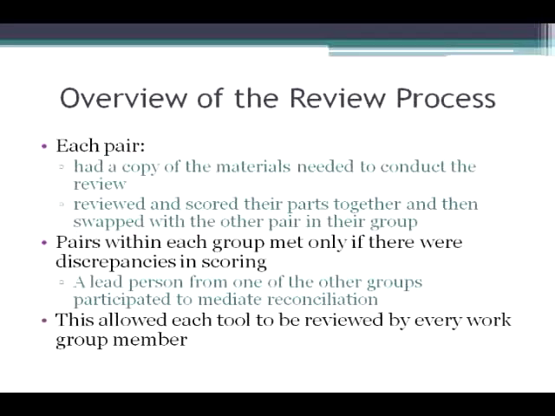But if there was a discrepancy, a lead person from one of the other groups participated with both pairs within that group present in order to reconcile the discrepancy in scoring and come to an agreed-upon rating. So what this process allowed was that every tool was reviewed by each member of the work group. So all four members of each group, A, B, and C, reviewed each tool.